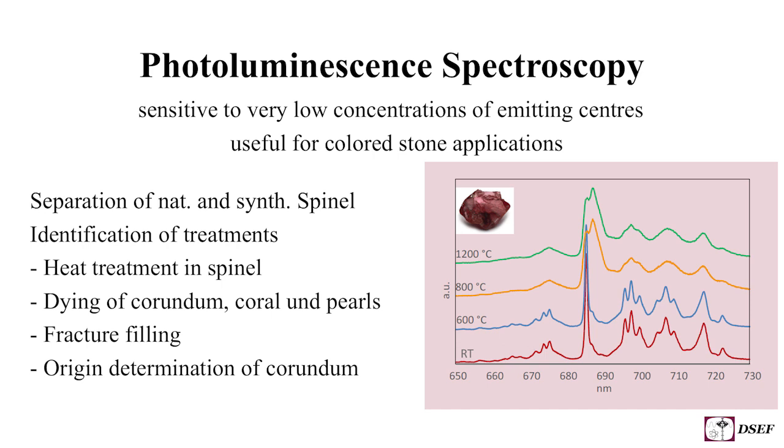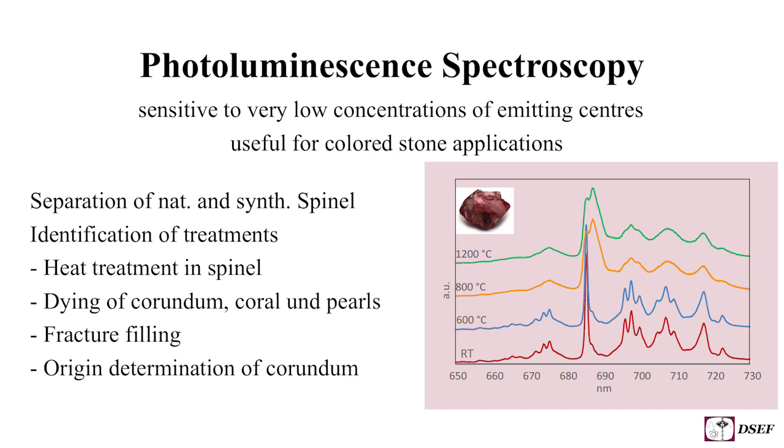And colored stone applications. Some examples that have been published were the separation of natural and synthetic spinel and the identification of heat treatment in spinel. These were our own experiments; there were also some other publications available in the literature on that phenomenon.